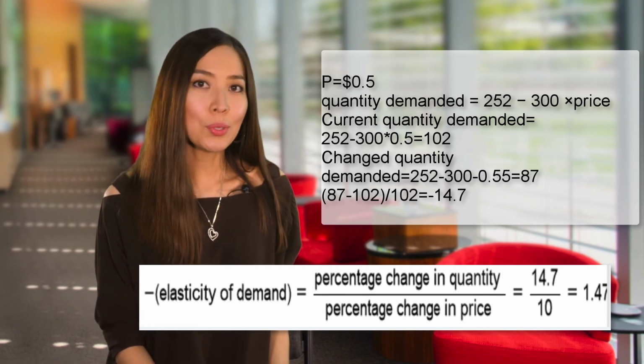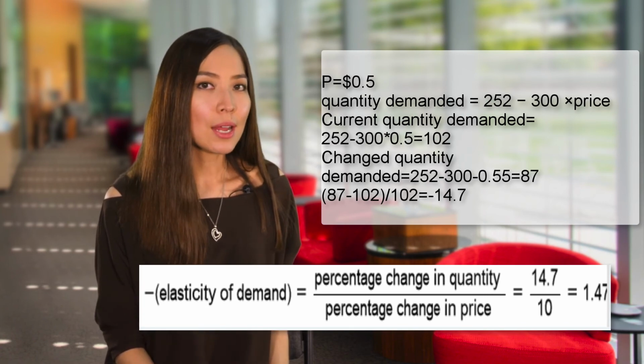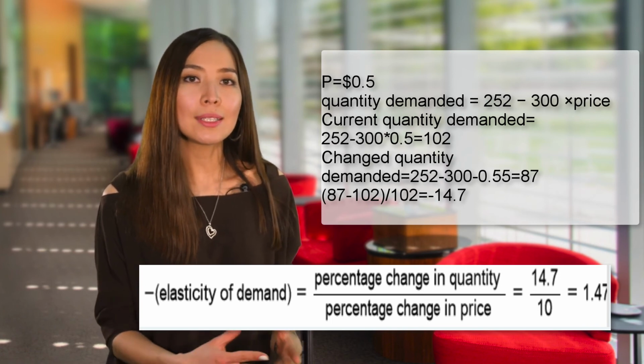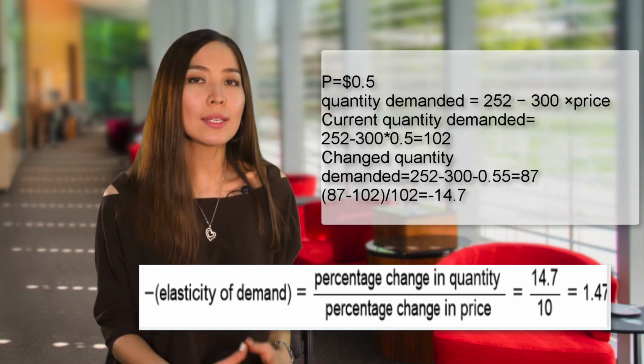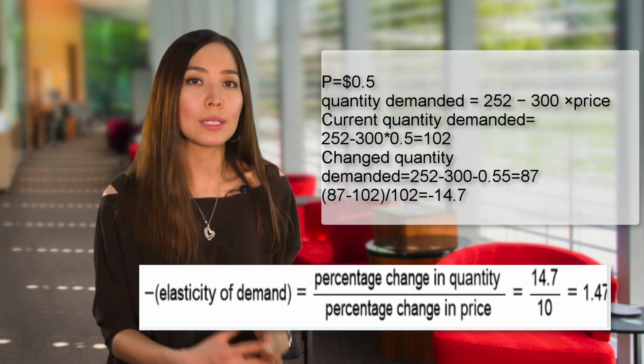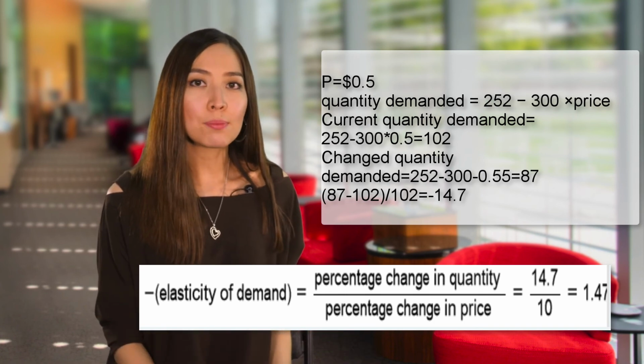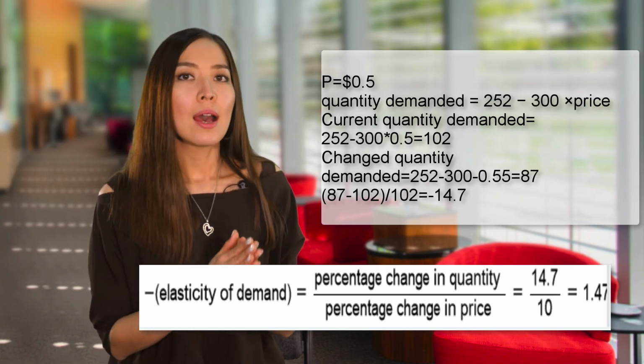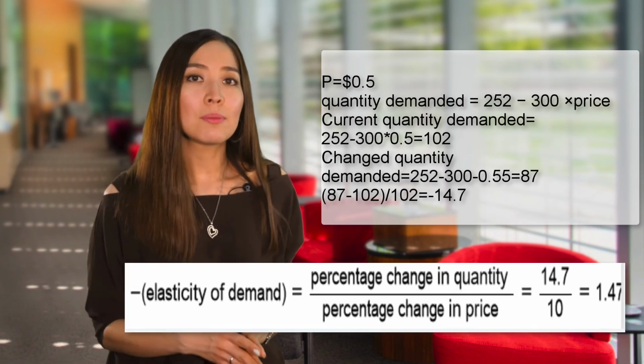As you remember from the previous class, we considered the current price of the drug as $0.5 per pill. By putting this number into the equation, we have quantity demanded of 102 pills. If we increase price from 0.8 to 0.855 by 10%, then quantity of demand will give 87 pills, which is 14.7 pills less than current demand.